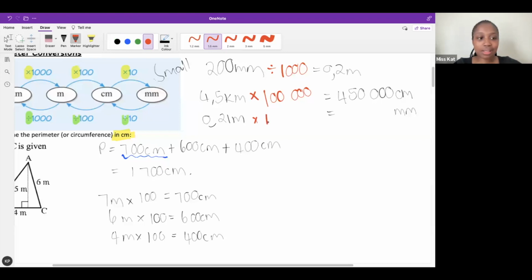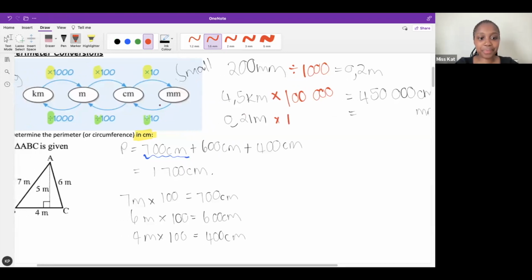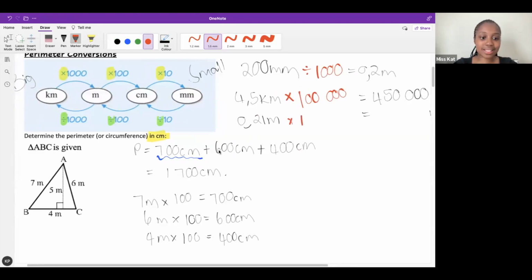Now we have to establish how many zeros we need. Meters to millimeters. We're going from here to there. How many zeros do you see? There we go. Thank you, Sia. I need a little bit more responses than that. There's 79 of you guys in there. 1,000.